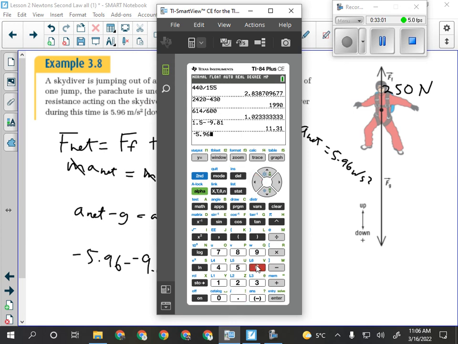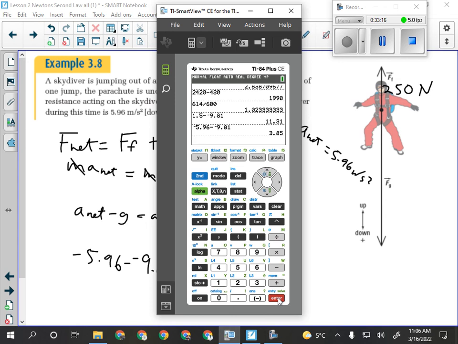Because it's going down. If I didn't, I would get that the force of friction makes the skydiver fly upwards, which is obviously not what's going to happen here. All right, so the acceleration due to the force of friction is 3.85 meters per second squared up.